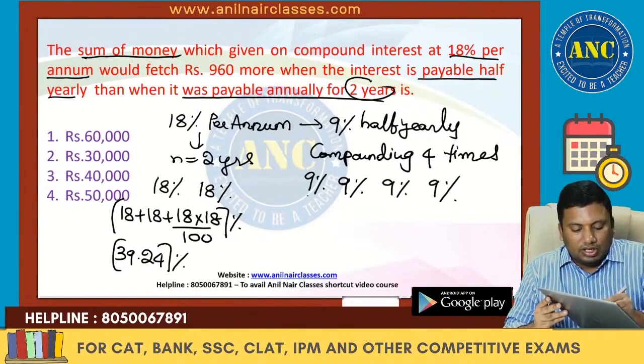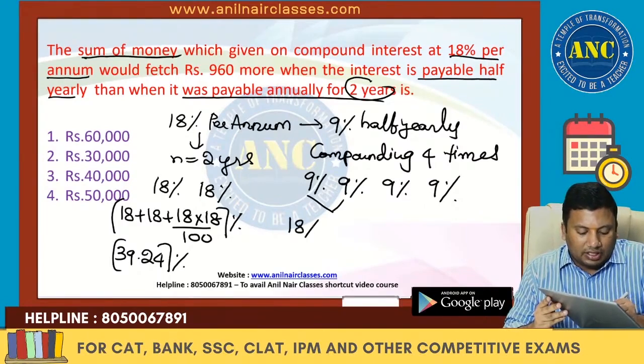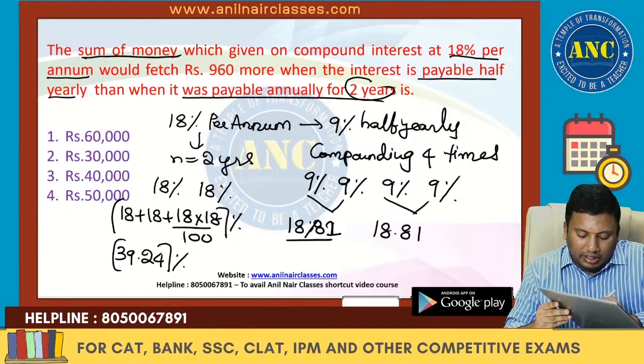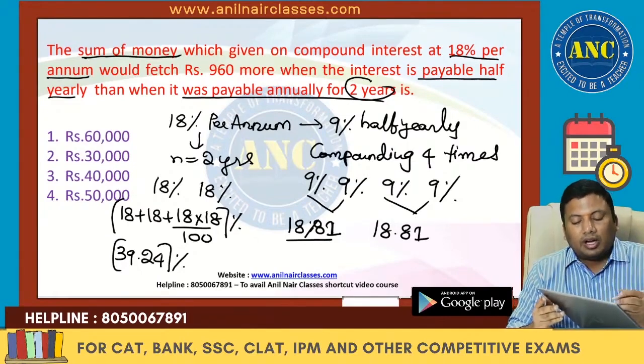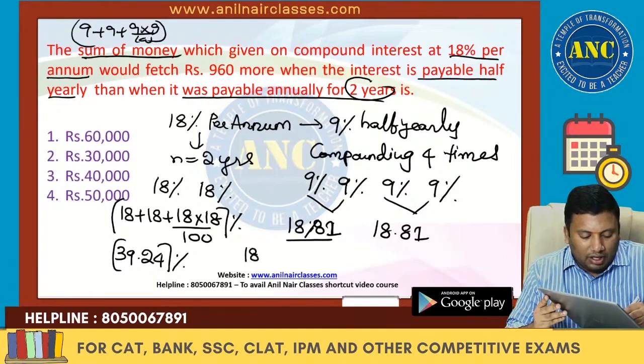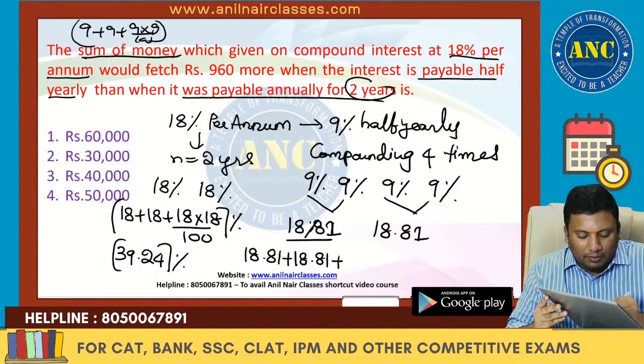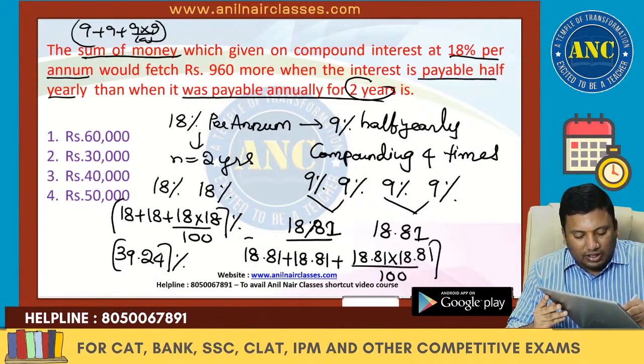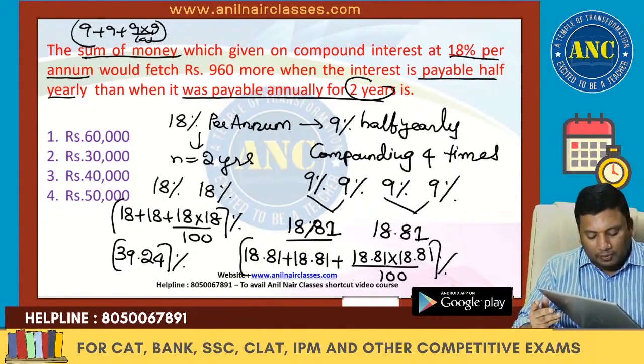9 and 9 will become 18.81. These also 18.81. A plus B plus A into B by 100: 18.81 plus 18.81 plus 18.81 into 18.81 divided by 100.